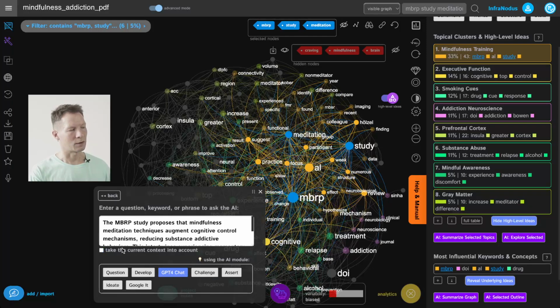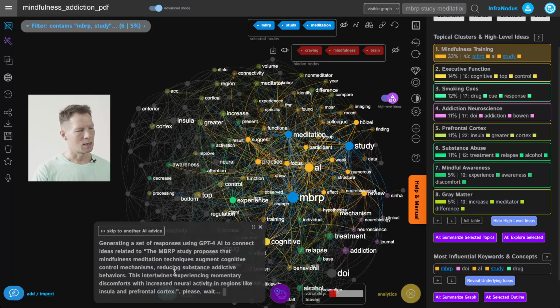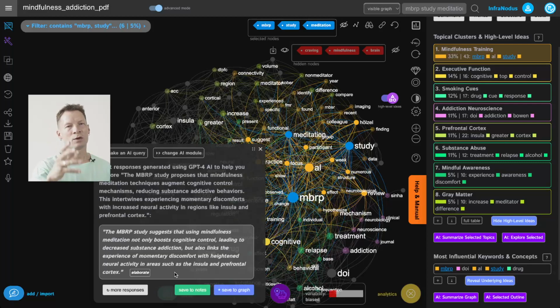If you want the system to live beyond the boundaries of this particular document, you just uncheck this box here and then use the ChatGPT button, and then it's going to generate some content which will take you beyond the context of this document. So this is another approach how you could improve the thinking process by leaving the context of a particular discourse and trying to develop it outside of the boundaries of this document. So this is how it works.